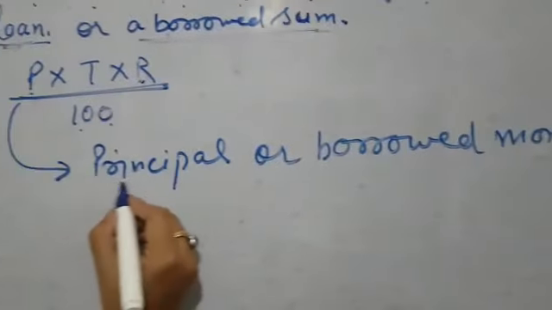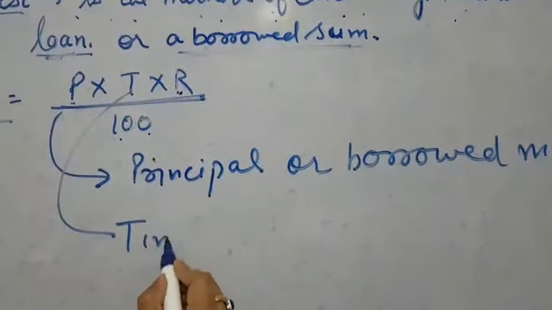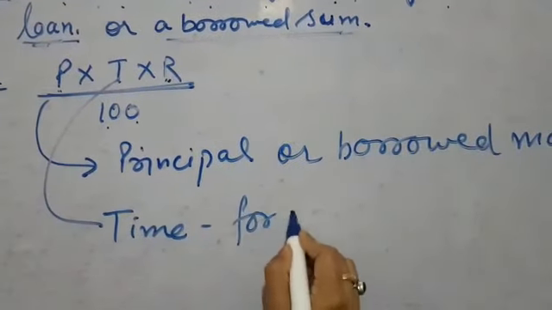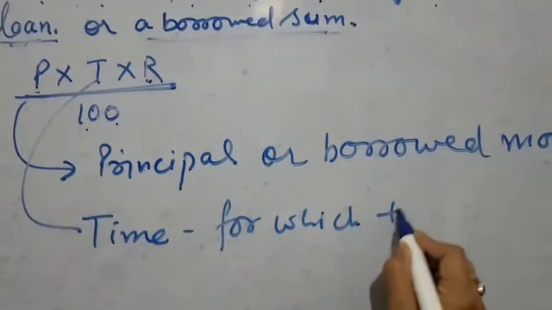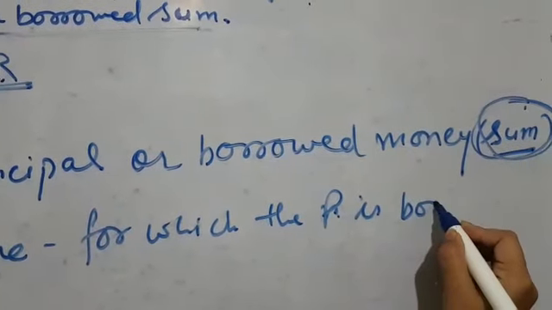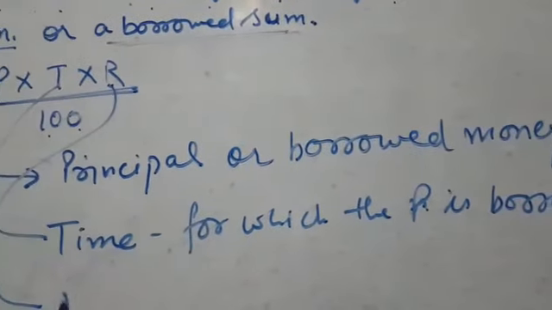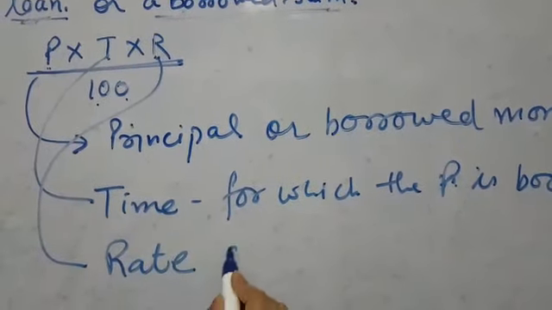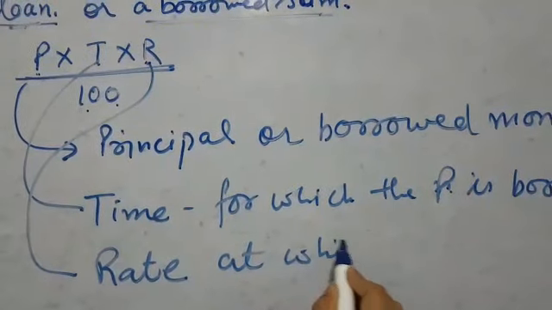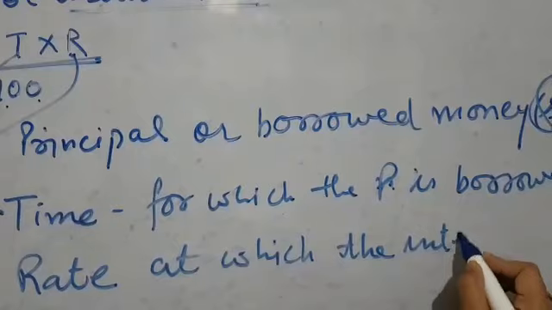P is principal, T is time for which the principal is borrowed, and R is the rate at which the interest is charged.